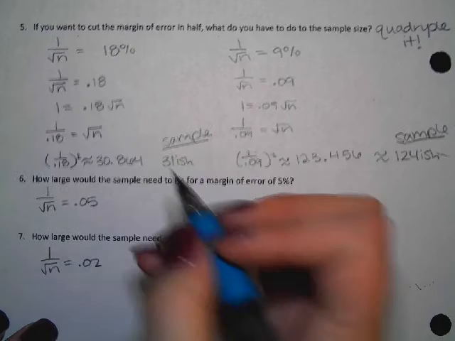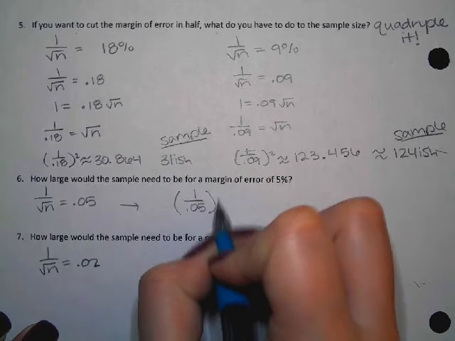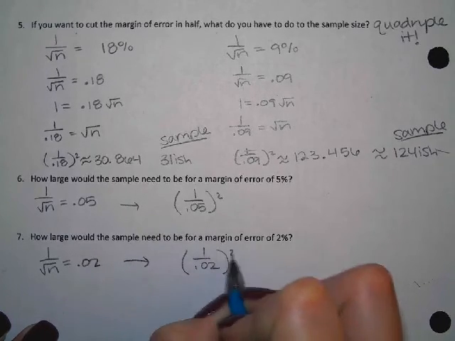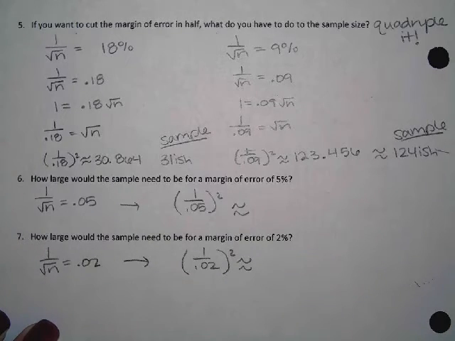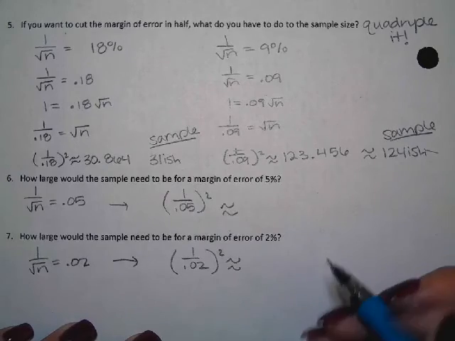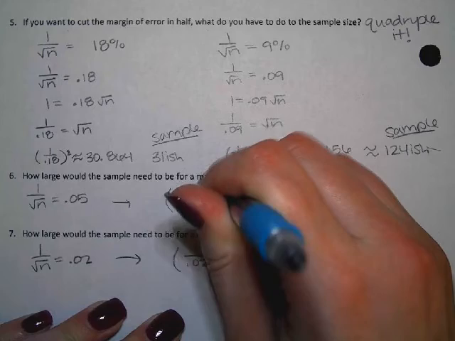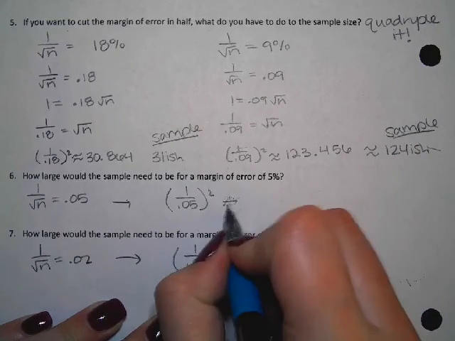Jump to the end. Well, these are both exact answers. So for 5%, how big does our sample have to be? 400.